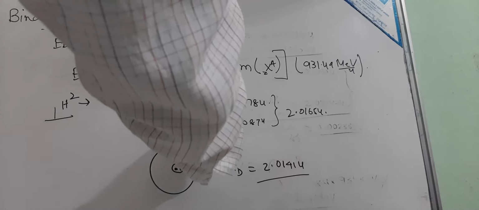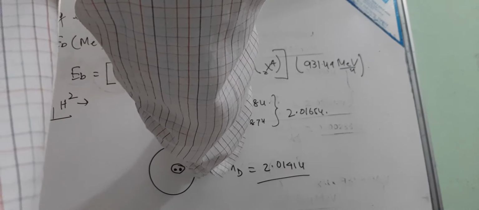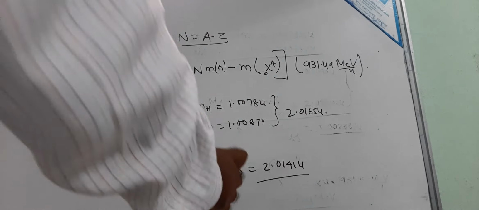So what is the mass of the deuterium? The mass of the deuterium is 2.0141 U. When you add the mass of the hydrogen 1H1 and the mass of the neutron, you get 2.0165, but the mass of the deuterium is 2.014 U.